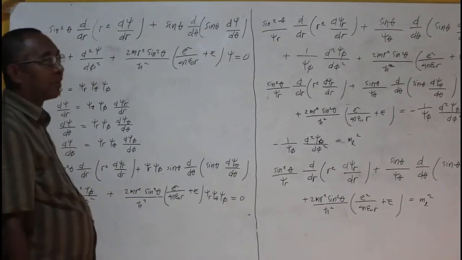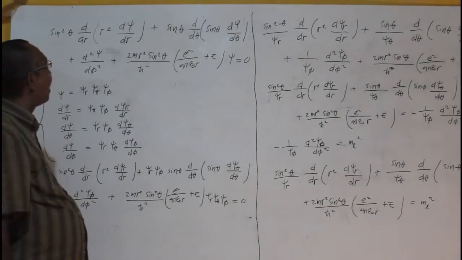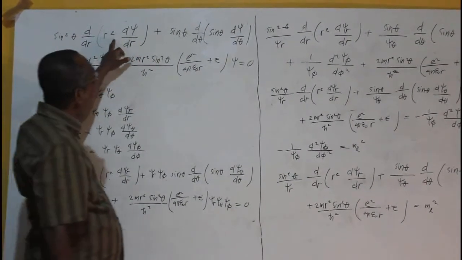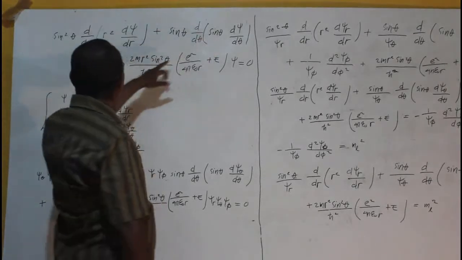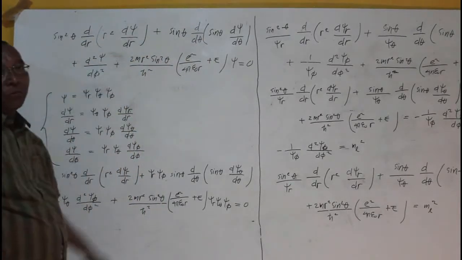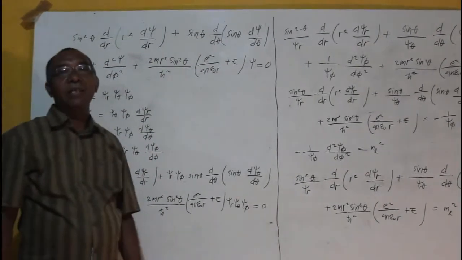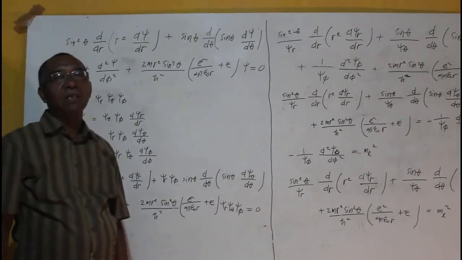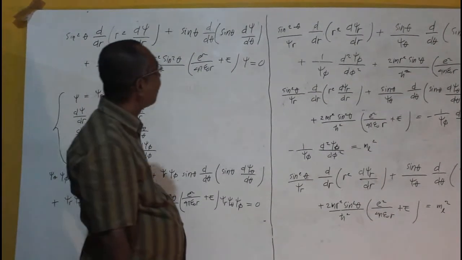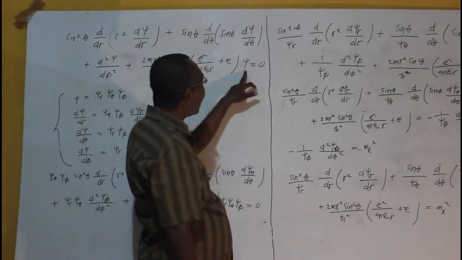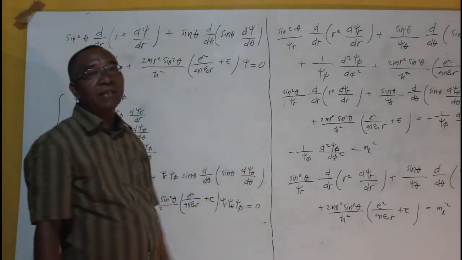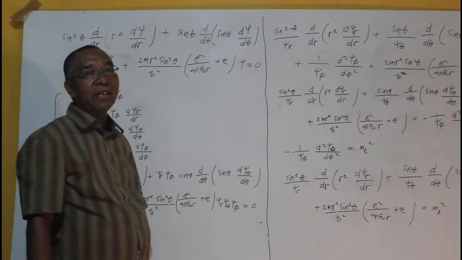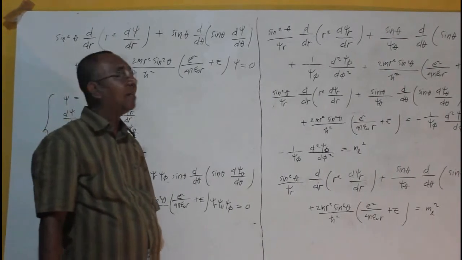We see that the Schrödinger equation of the hydrogen atom contains the variables r, theta, and phi. We can separate these three variables to become independent of one another, because psi is the multiplication of the radial wave function, the zenith wave function, and the azimuth wave function.